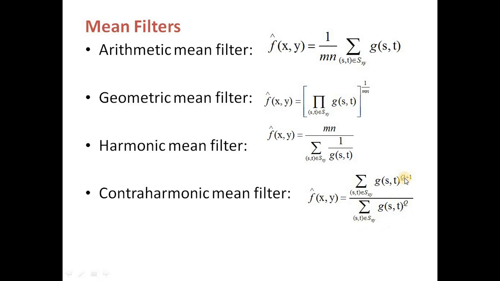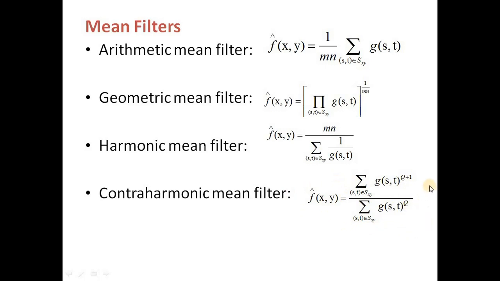For positive values of Q, the filter is able to eliminate pepper noise, whereas for negative values of Q, the filter is able to get rid of salt noise. So for any value of Q, this filter will eliminate either the salt noise or the pepper noise, not both simultaneously.